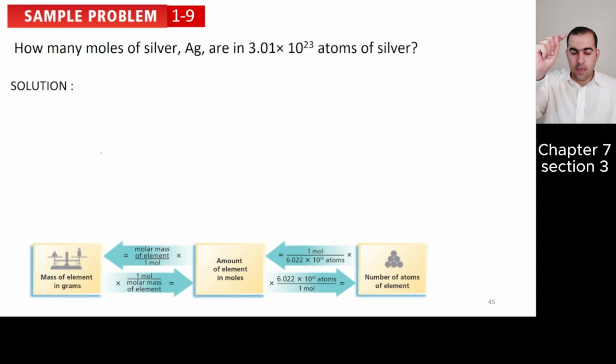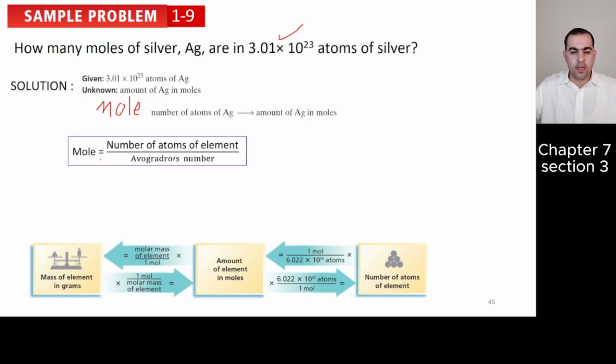Mole equals mass divided by molar mass, or mole equals number of atoms of an element divided by Avogadro's number. Here what's given? Number of atoms. So we're not going to use mass divided by molar mass. It asks for mole. Mole equals number of atoms of the element divided by Avogadro's number.